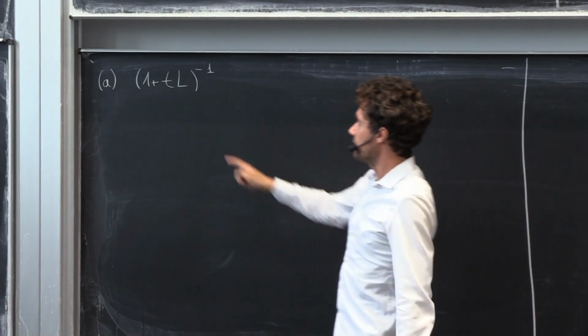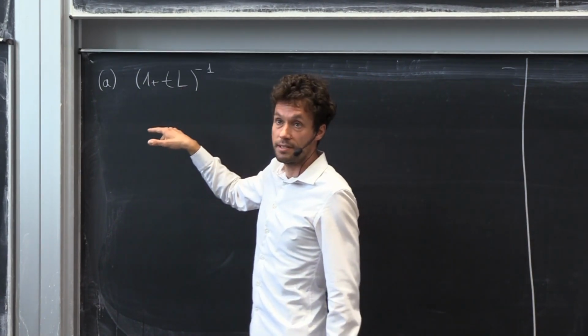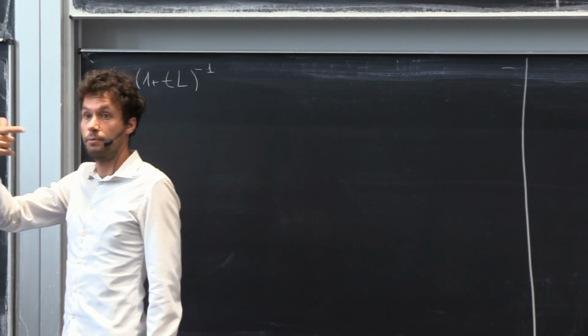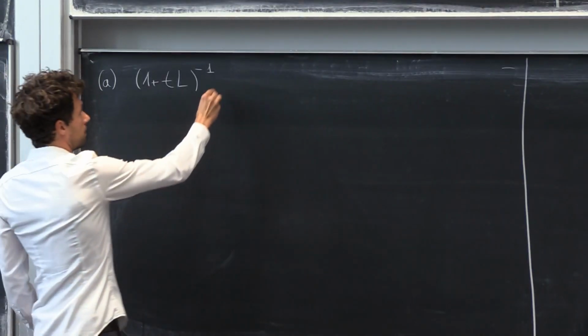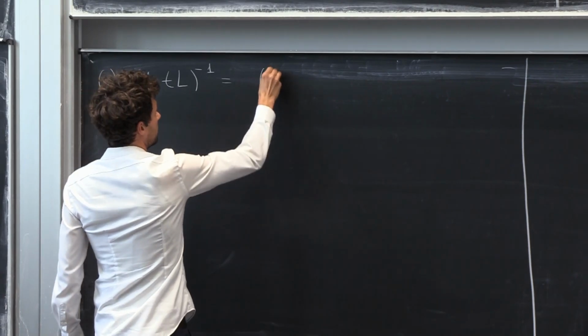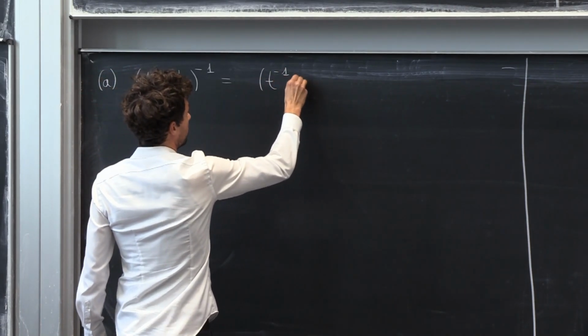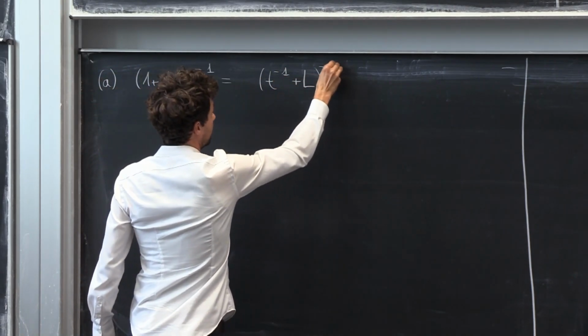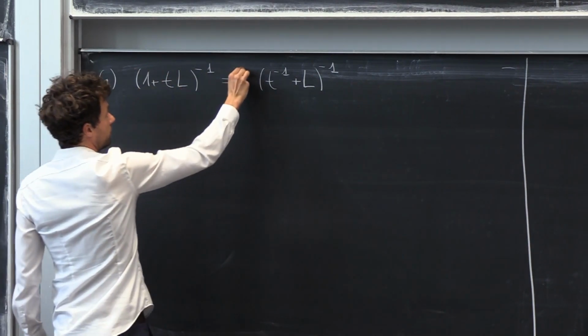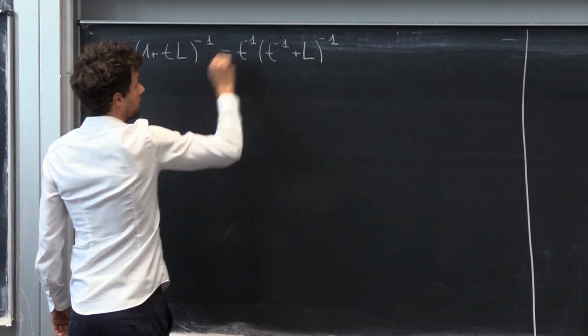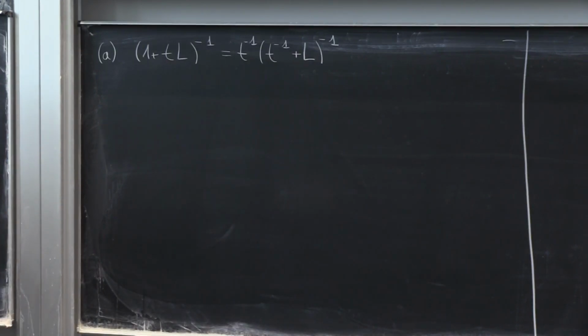Now, what I'm doing is take this operator 1 plus TL, and I'm going to factorize by T. If I factorize by T, this is going to be T to the minus 1 plus L inverse, and the factorized T, because of the minus 1, will also pop out as a T to the minus 1.